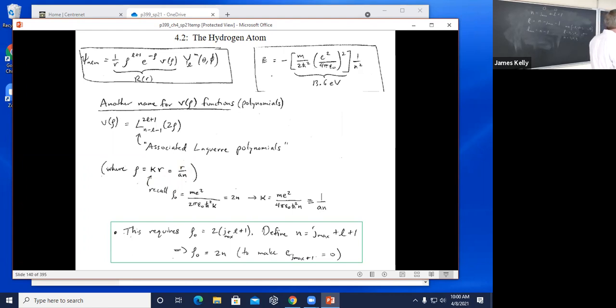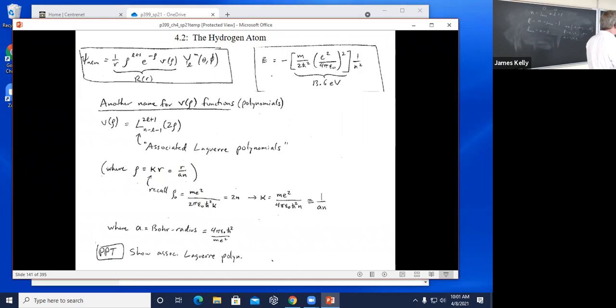Okay, and so that means we can write this in terms of the symbol a rather than all these other symbols that are in there, and that somewhat simplifies the formula. So if you look into it and try to figure out what the Bohr radius is, it's this.